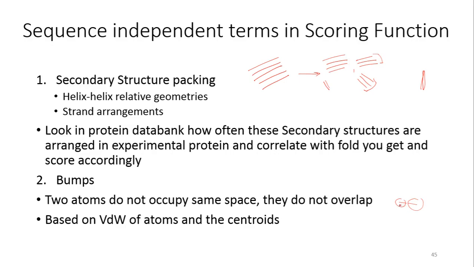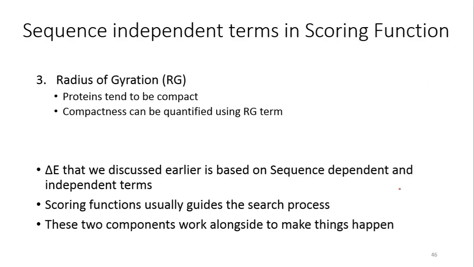So, based on this van der Waals distance of atoms and that of our centroid, if you end up generating a configuration that has overlapping atomic coordinates, you need to score it low or even reject such a configuration. So, it is another feature that can be used to distinguish a good fold from a bad fold.